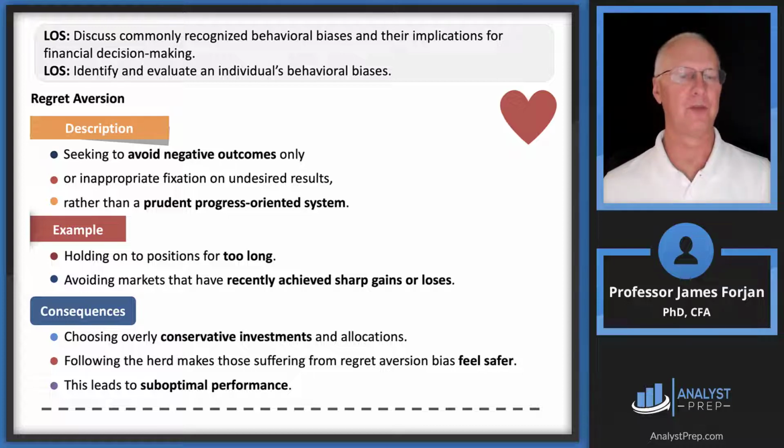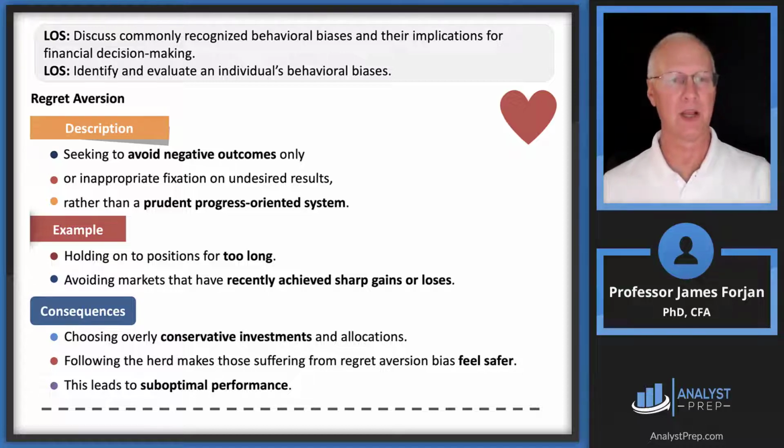What did we say just a few moments ago? We're loss averse if we're a behavioral investor. We're risk averse if we're Arnold Schwarzenegger and the rational investor. But we also have some kind of regret aversion. So this is a little bit related to what we said earlier. We want to avoid negative outcomes. So what are we going to do? Hold on to positions too long.